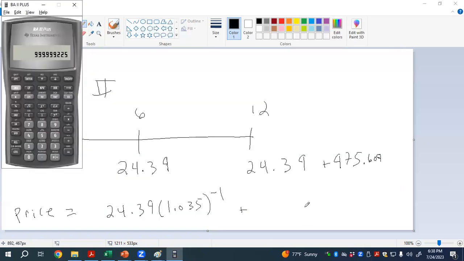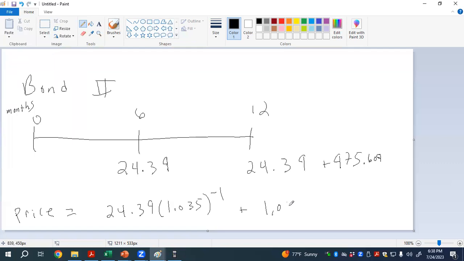So even though the calculator says 999.999, it's just due to rounding, that's not 1,000. So it's really 1,000. But even if you forgot that it's 1,000, you would just plug into your calculator your coupon plus your face value. With rounding, you're off by 10% of a penny. That's nothing really.